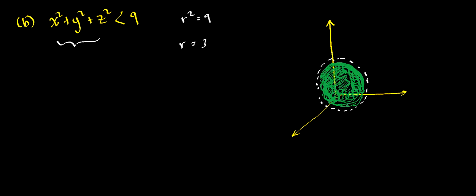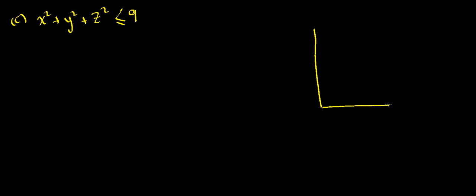Let's do another example. Let's say we have x squared plus y squared plus z squared less than or equal to 9. Well, the only difference between this example and the one before it is that we have this equal sign here. So we're looking for all the spheres with radius 3 or less than 3.